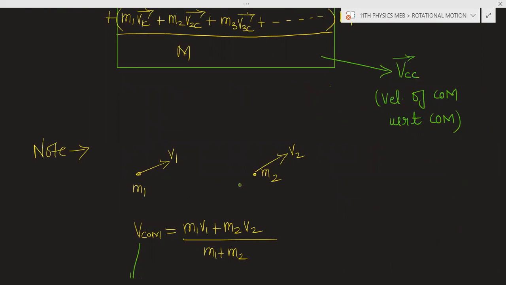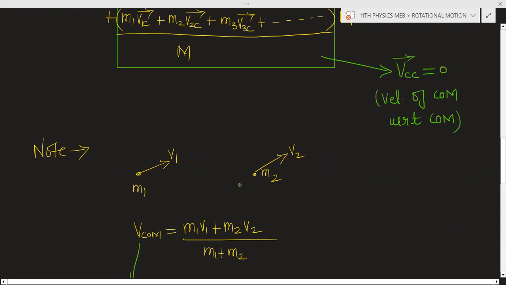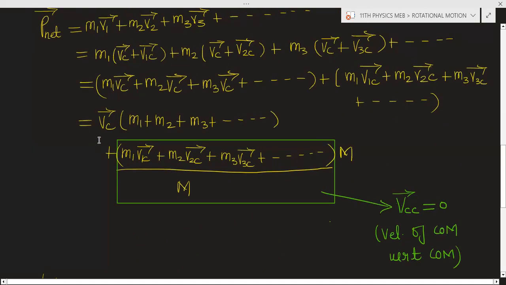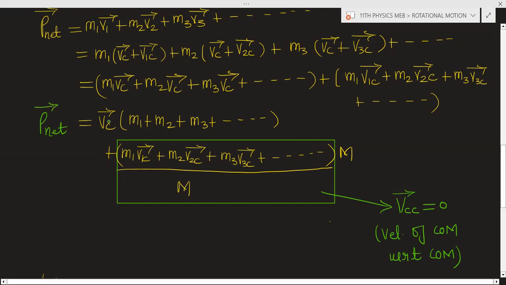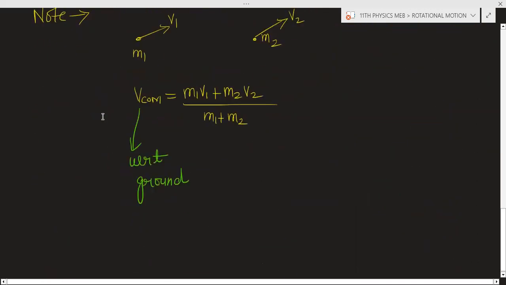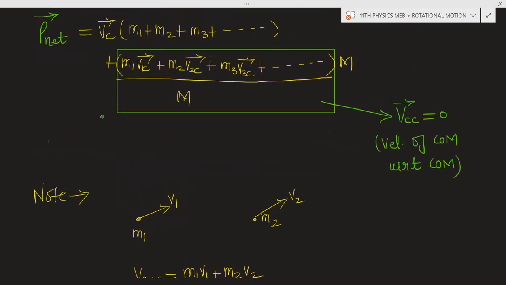So the velocity of center of mass with respect to center of mass will be zero, which means this term will be zero. So the net momentum will be this only: m1 plus m2 plus m3, the total mass, multiplied by the velocity of center of mass. From this relation, the net momentum is equal to the total mass M multiplied by the velocity of center of mass.